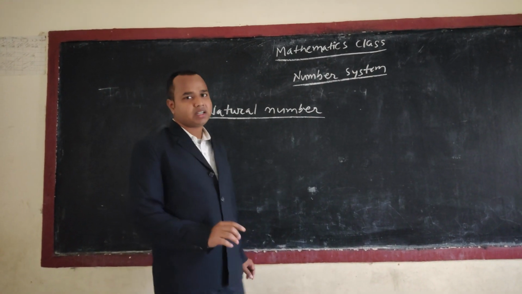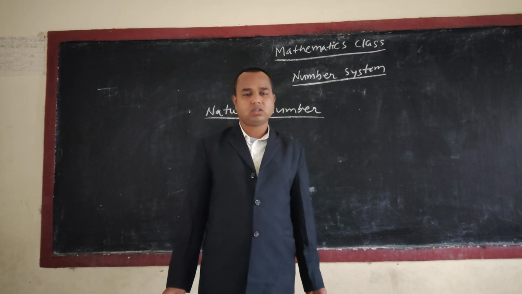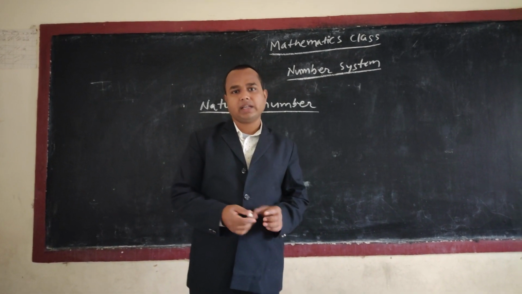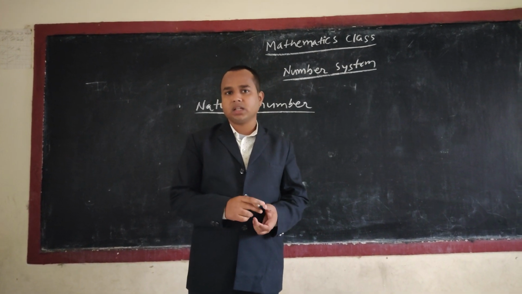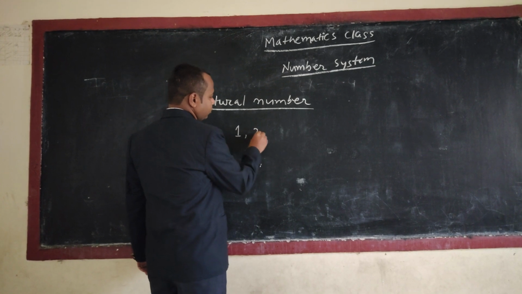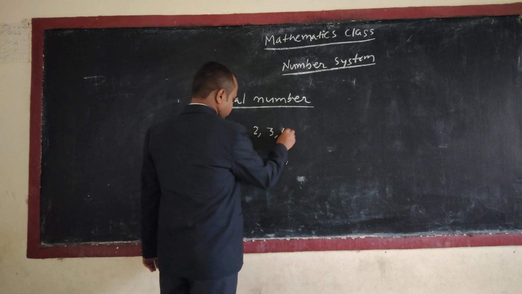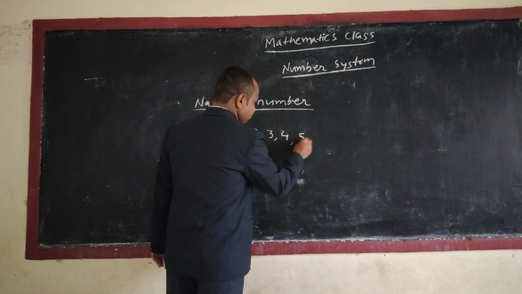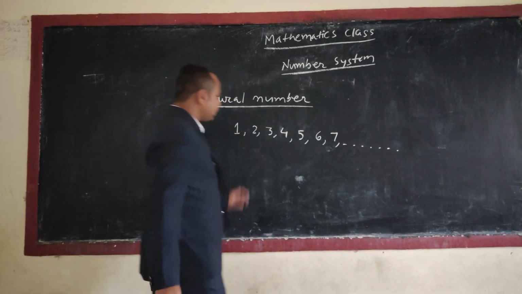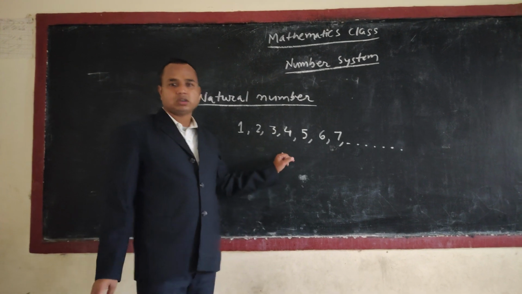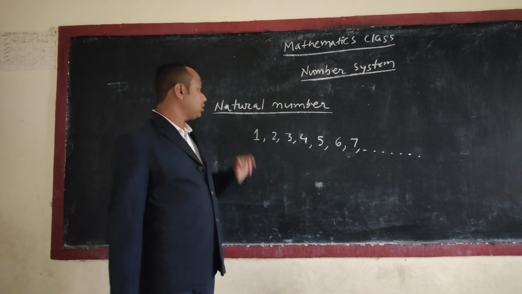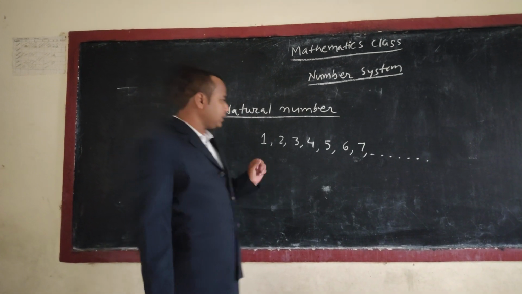All the counting numbers are called natural numbers. That means the numbers which are used for counting, like 1, 2, 3. So 1 can be used for counting, 2 can be used for counting. So all these numbers are natural numbers.